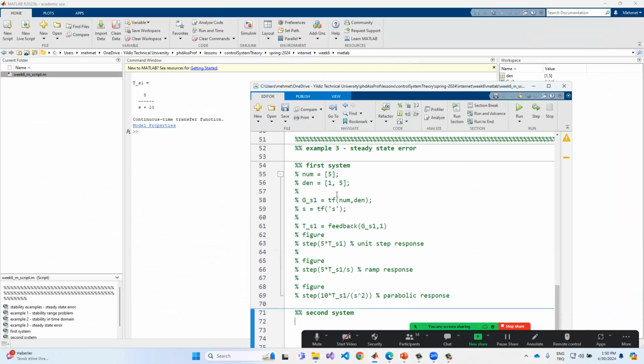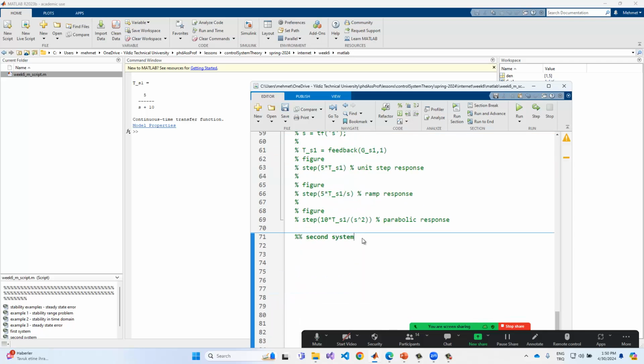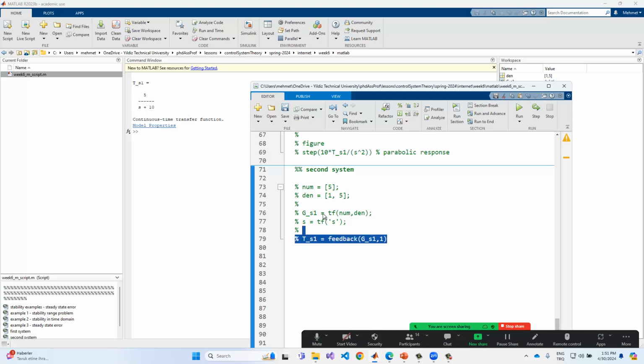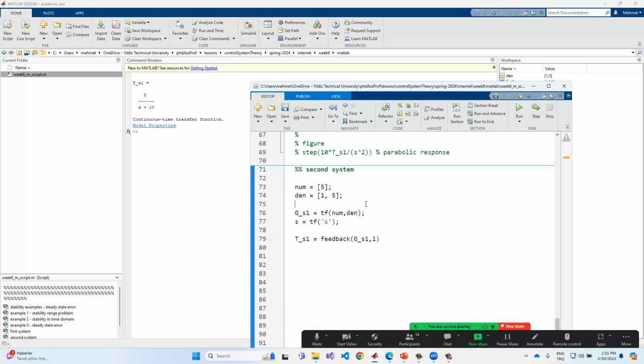And so, just like this one, we need to build what? The transfer function in here. I'm sorry. And so, 5. And this one is equals to the 1 divided by these terms, right?